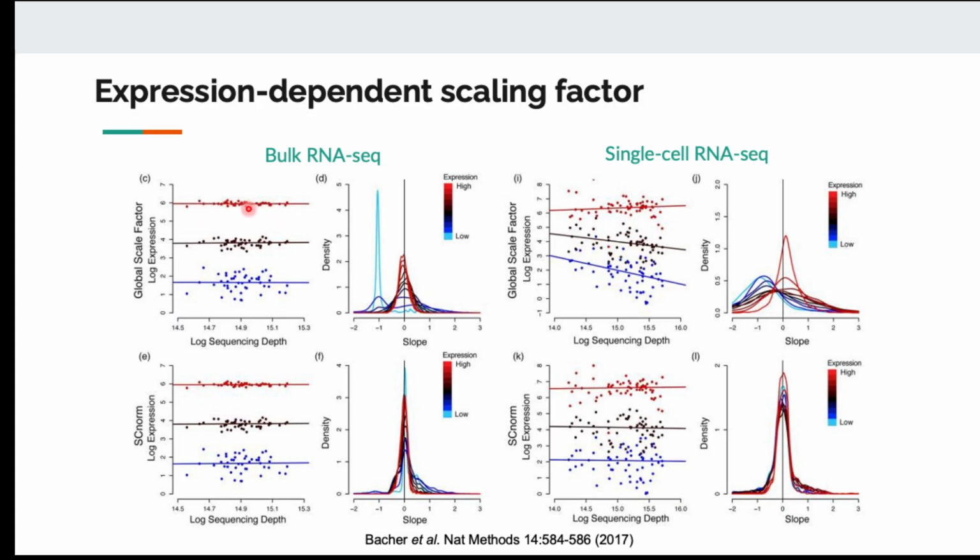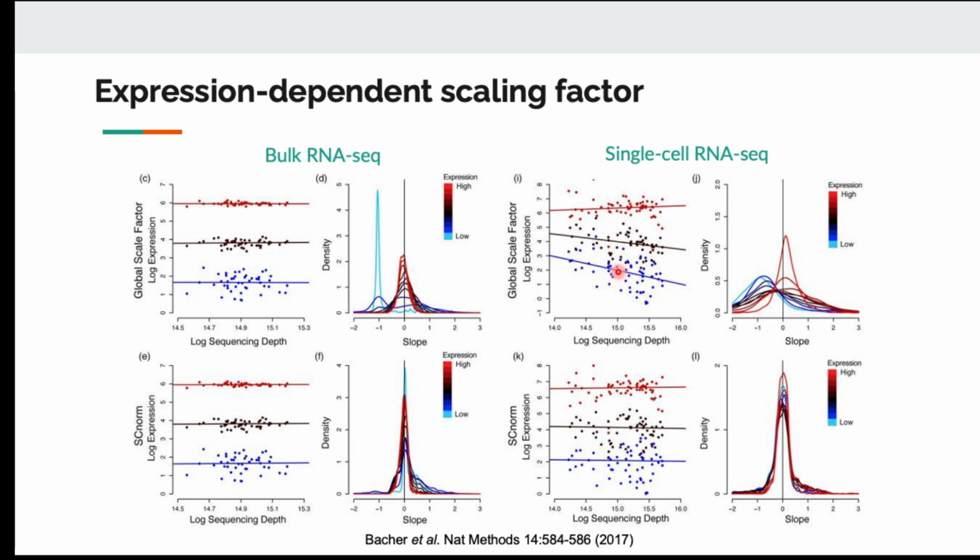This is because you average the data across multiple cells, so your measurement is going to be very stable. But in single cell data, whether your cell has low expression, medium expression, or high expression, the scaling factor can change depending on that. So grouping the genes by their expression level can give a better correction factor than doing them individually or doing them together with a single factor. So these are what people found when they tried to make sense of the noise and variance in single cell data.